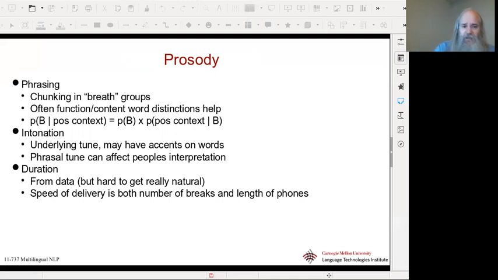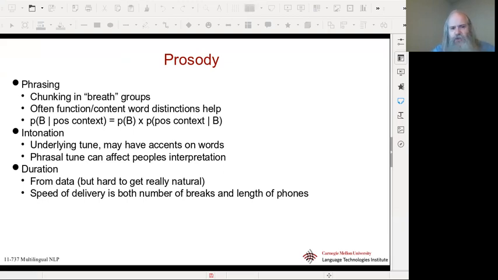So you can actually use your standard noisy channel model, split that with the Bayes rule, and end up with a language model for the amount of breaks over time, and also the probability of a break or not break at this point, what the part of speech context, function content context actually is. I'm going to say something about that later, but let's go into intonation.